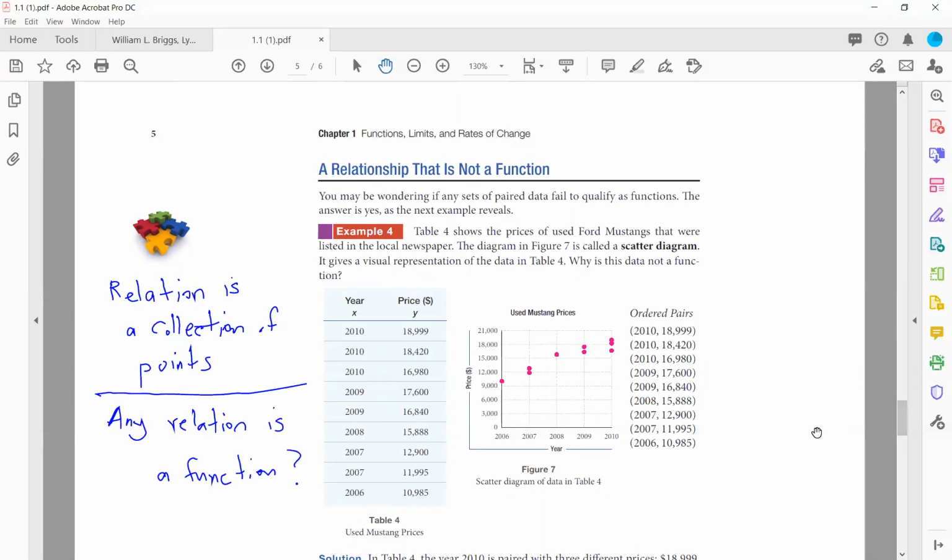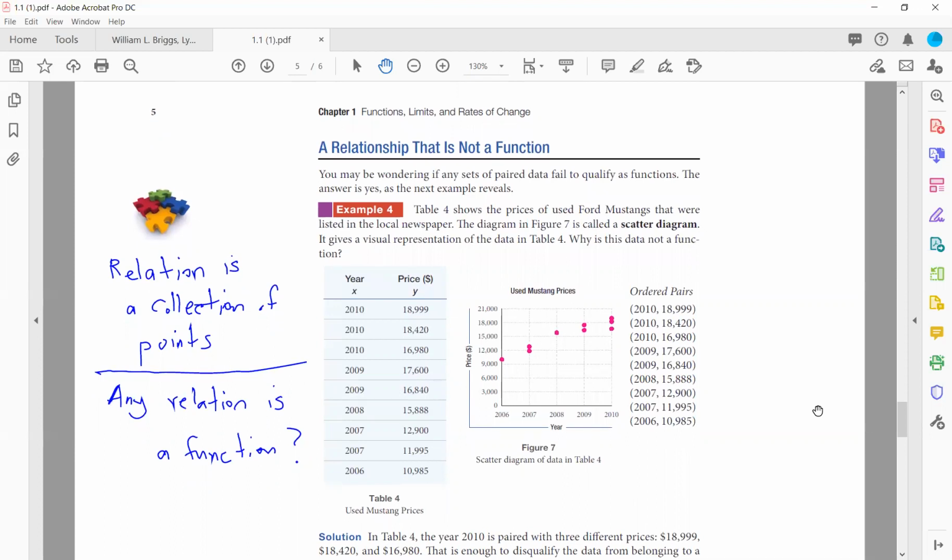Okay, let us take a look at this example. Here you have some x values, years, and you have some y values, prices. 2010, the price is given, another 2010, another price, 2010, the third price, 2009, fourth price, and as you can see, you have some x values, some y values.